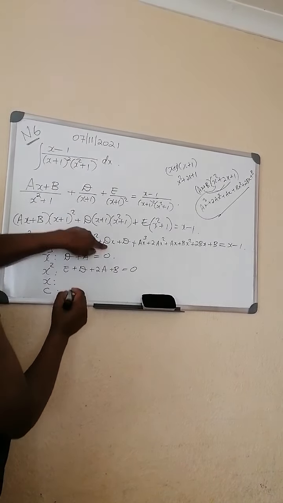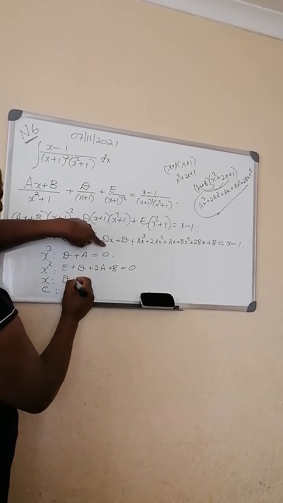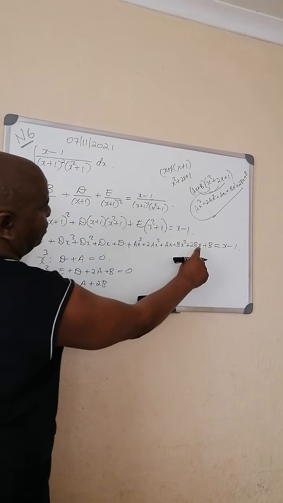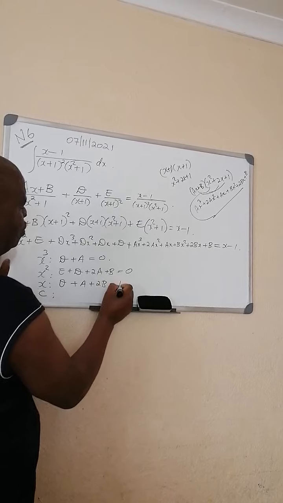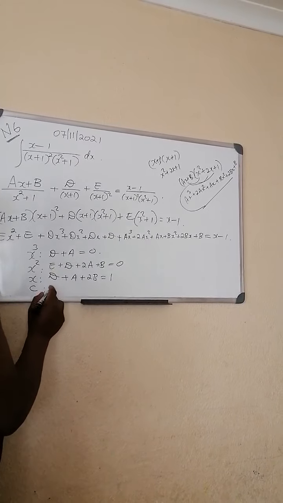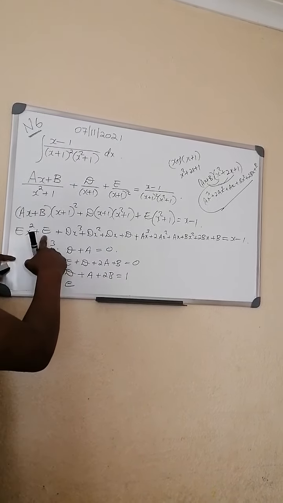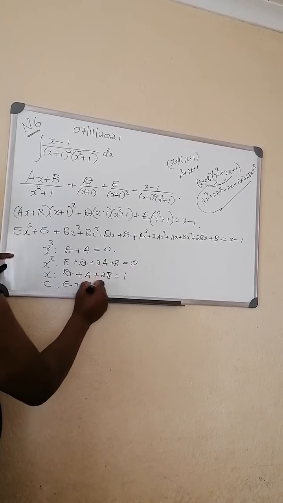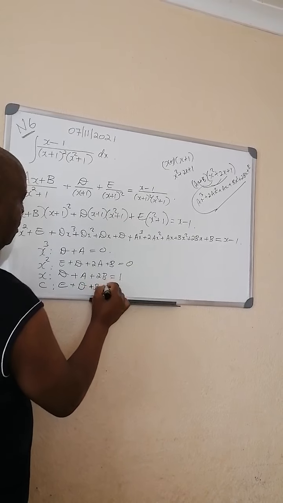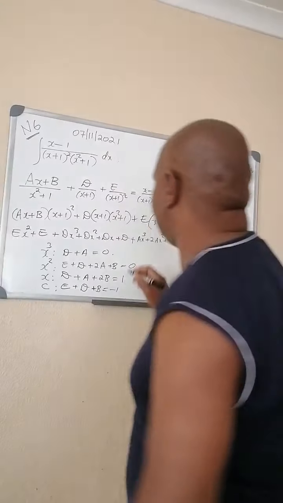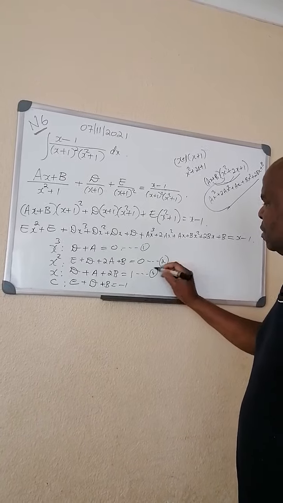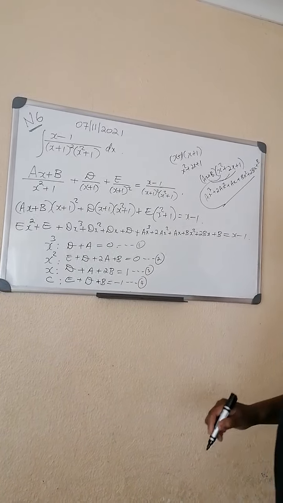The x's, I've got the D plus the A plus the 2B there, and this equals 1, because there is that x minus 1 there. Now for the constants, I've got the E plus D plus B, and this equals minus 1. So I have 1, 2, 3, 4. These are equations.